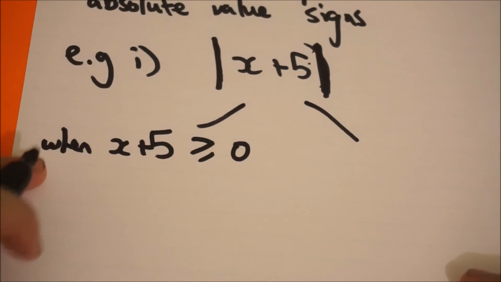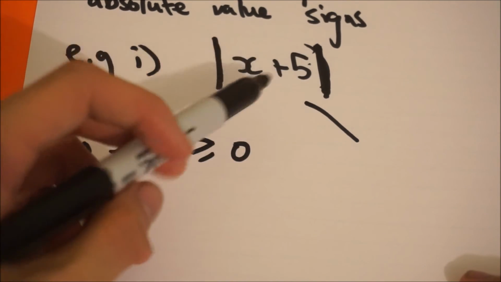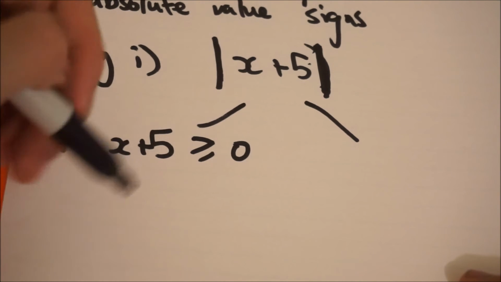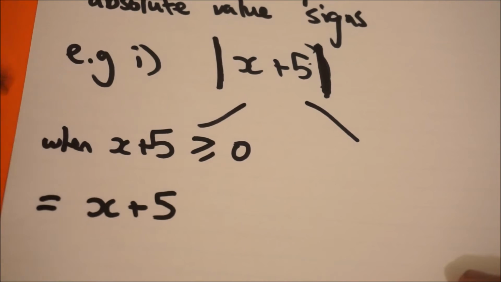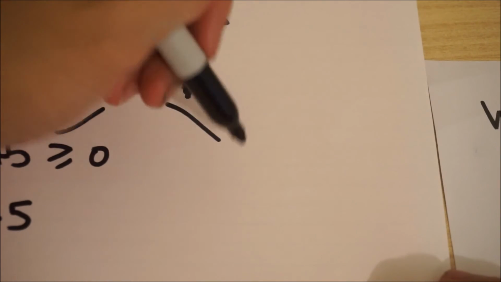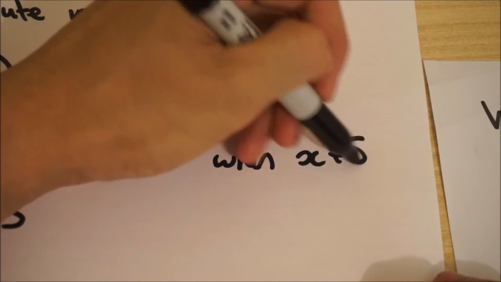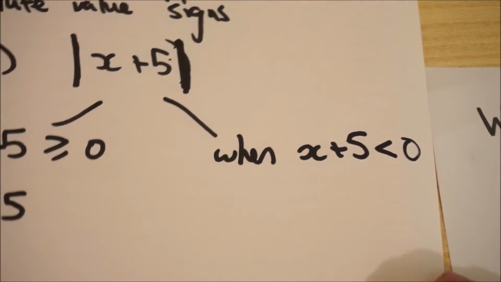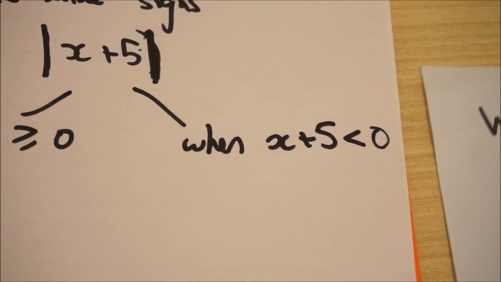Remember, if the expression inside the absolute value is positive or equal to 0, we just leave it as it is. The other scenario is when x plus 5 is negative. When x plus 5 is negative, we want to turn that into a positive value.